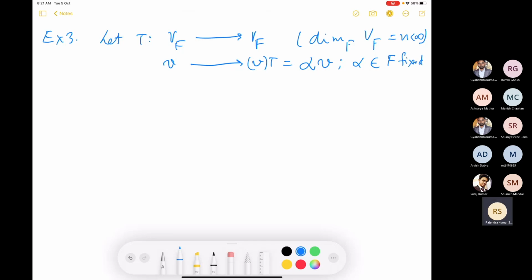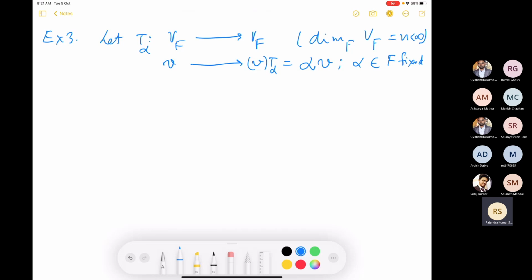But any alpha can be there, but for the example, you can take this alpha as fixed. So you can define this map as T alpha. What is the T alpha map? It sends V to alpha V for every V. Now you can see that this map sends every vector to the scalar multiple of V by alpha.